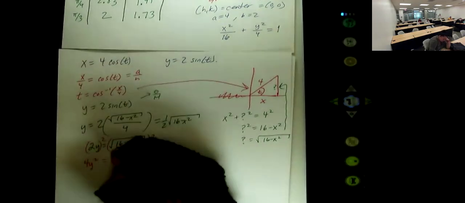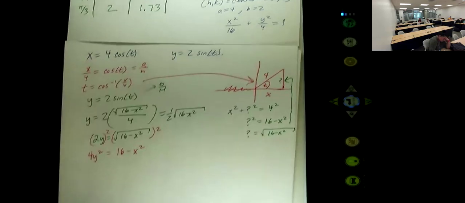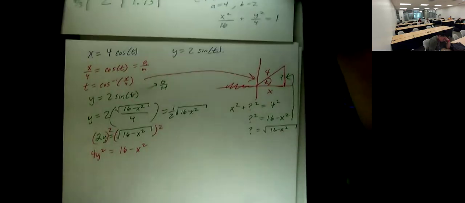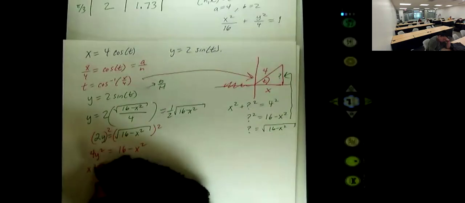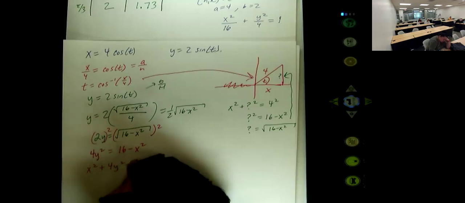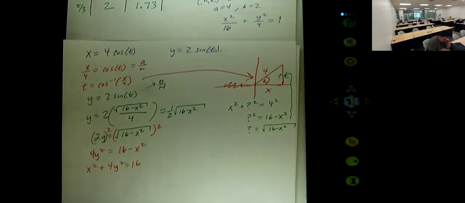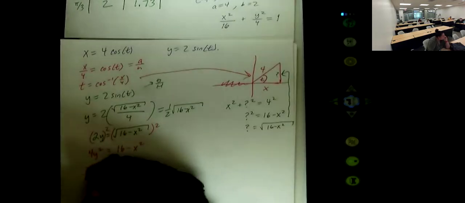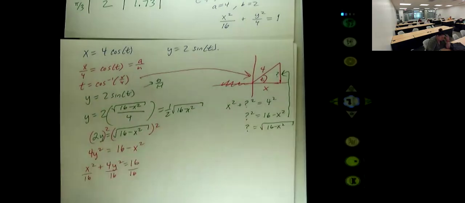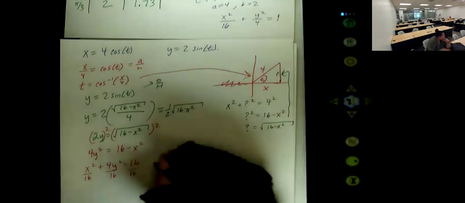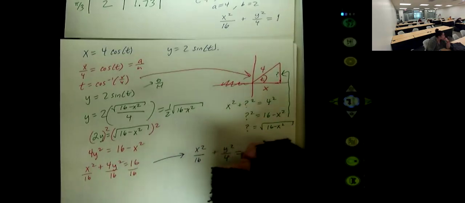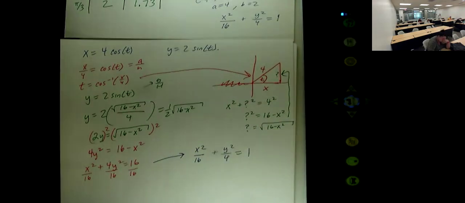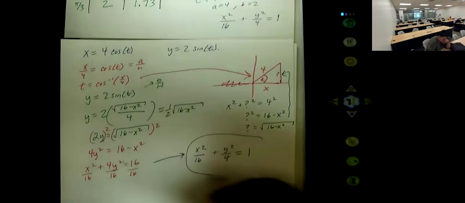Right side, the square just goes away. If I add x squared to both sides, I get x squared plus 4y squared equals 16. And if I divide everything by 16, I get x squared over 16 plus y squared over 4 equals 1, which is what we had up there, the ellipse.